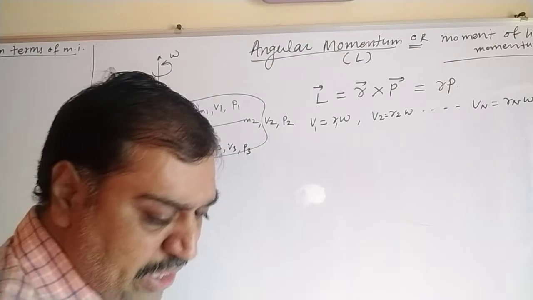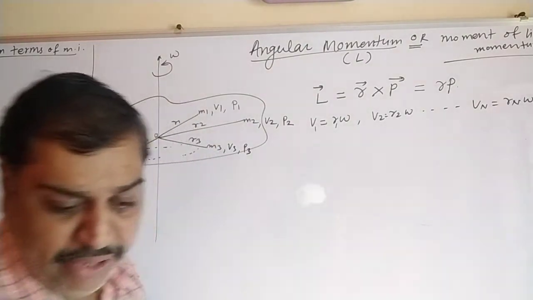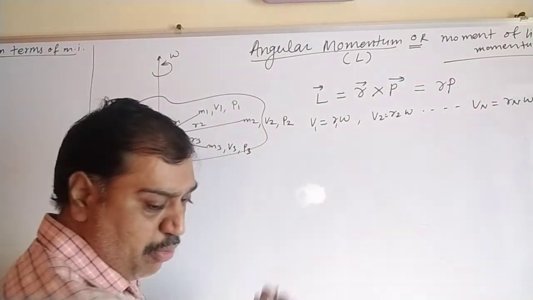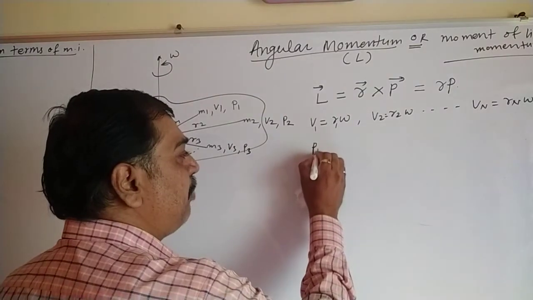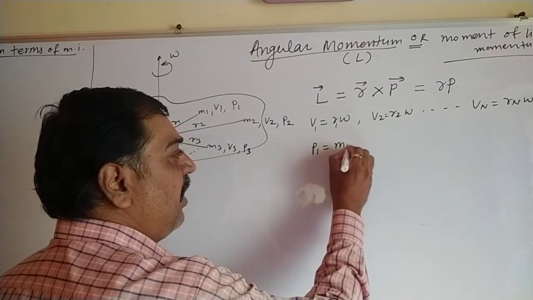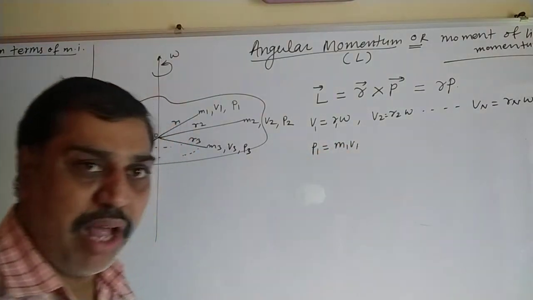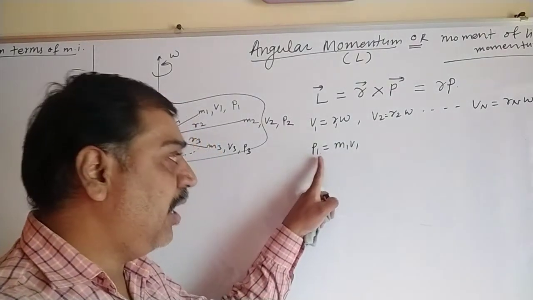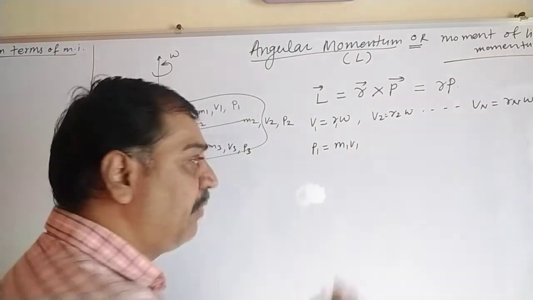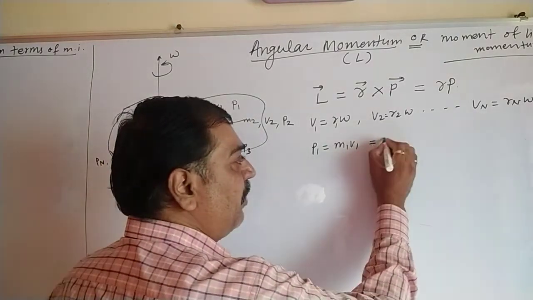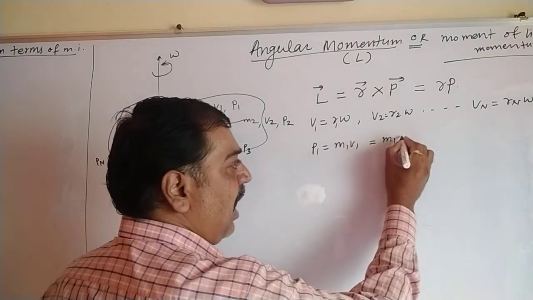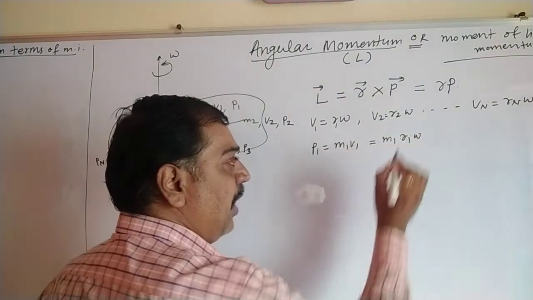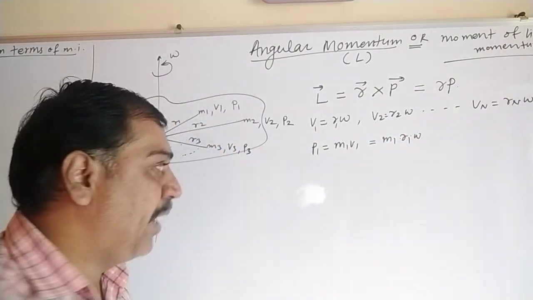Similarly, let us write down the momentum. The momentum of the first particle is p1 equals m1 into v1, by the formula linear momentum p equals m into v. Putting in the value of v1, which is r1 omega, we get m1 r1 omega.